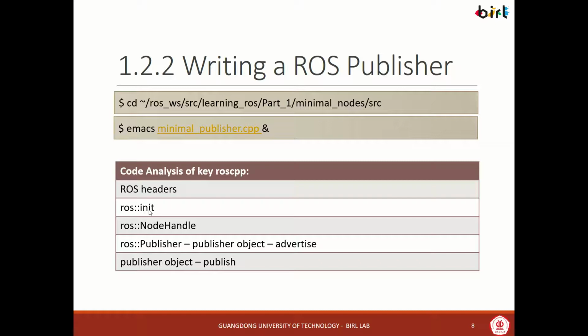And then later, we will create a node handle. This is an important object that will allow us to create a publisher object. We'll create the publisher object, and we'll call a method called advertise. The goal of advertise is to go back to the ROS master and say, ROS master, I have a topic, I want to register with you.